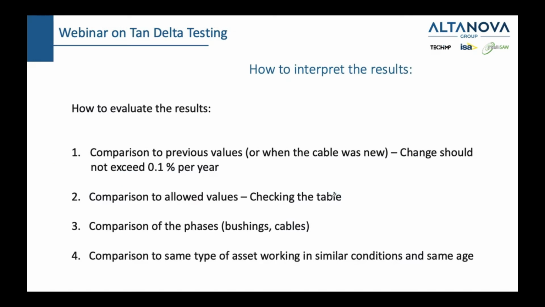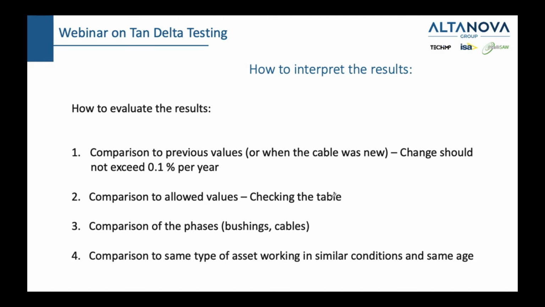How to follow tan delta according to trend recording, because one of the slides stated that the evaluation is not only about comparing to a specific value. So that's a good question, and thank you for that. One could say that if you measure tan delta on a yearly basis, the absolute maximum of change which can happen is 0.1%. Again, it's not written in stone.